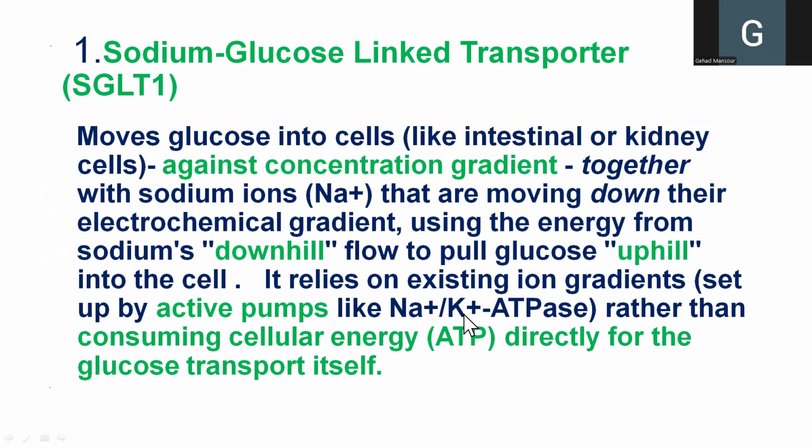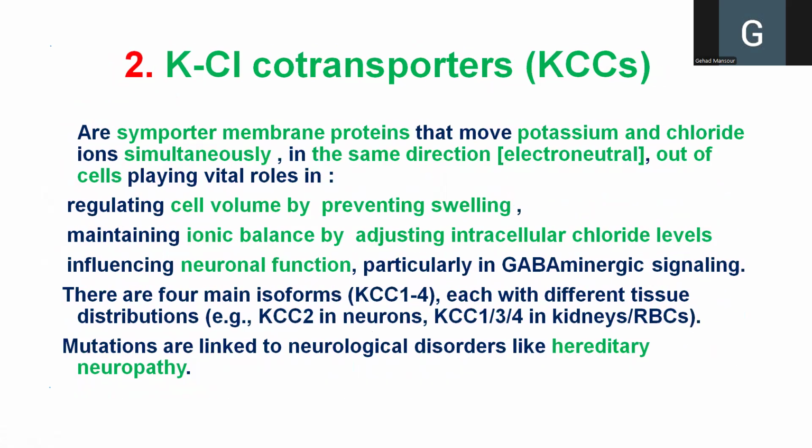So because it's a pump, then it needs energy. And that energy is achieved by breakdown of ATP, by hydrolysis of ATP. So the sodium-potassium pump should have a hydrolase activity, or an enzymatic activity to catalyze the hydrolysis of ATP, rather than consuming cellular energy for glucose transport.